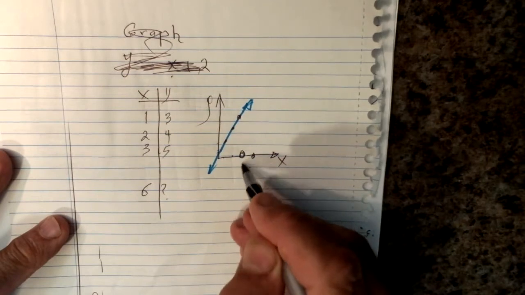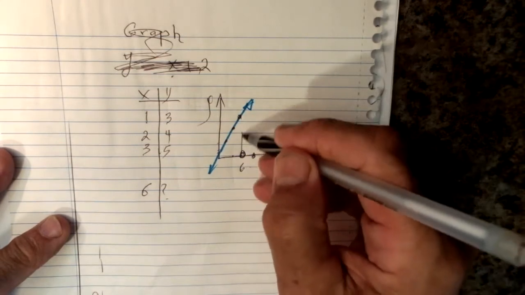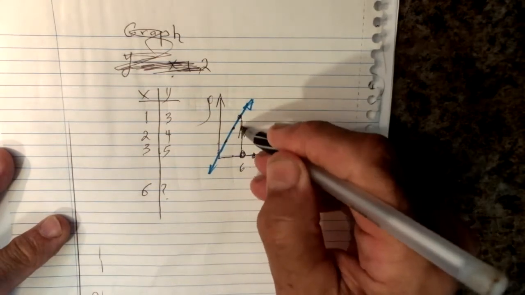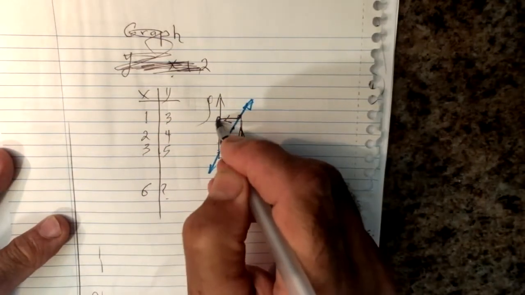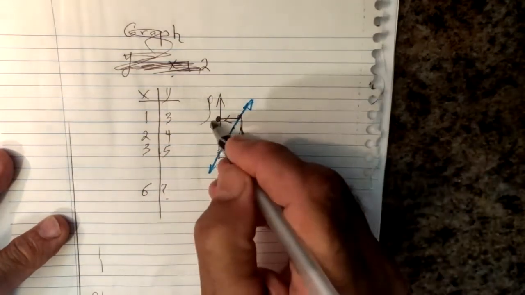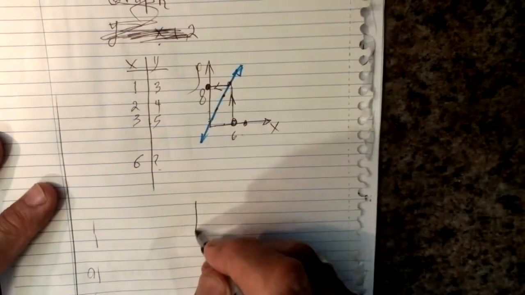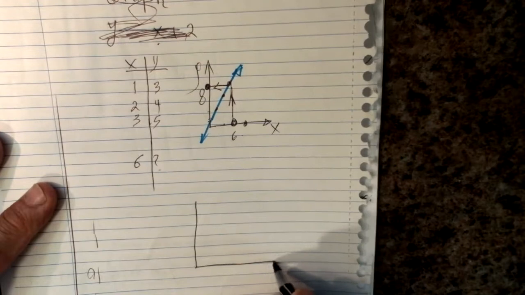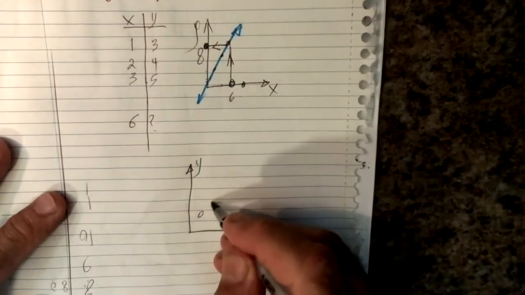Let's say 6 is here. How do you find the y value? You just draw the vertical line and go to the left. That gives you the y value, which is about 8, correct? So if I give you a graph, x and y axis, and give you some points like this.